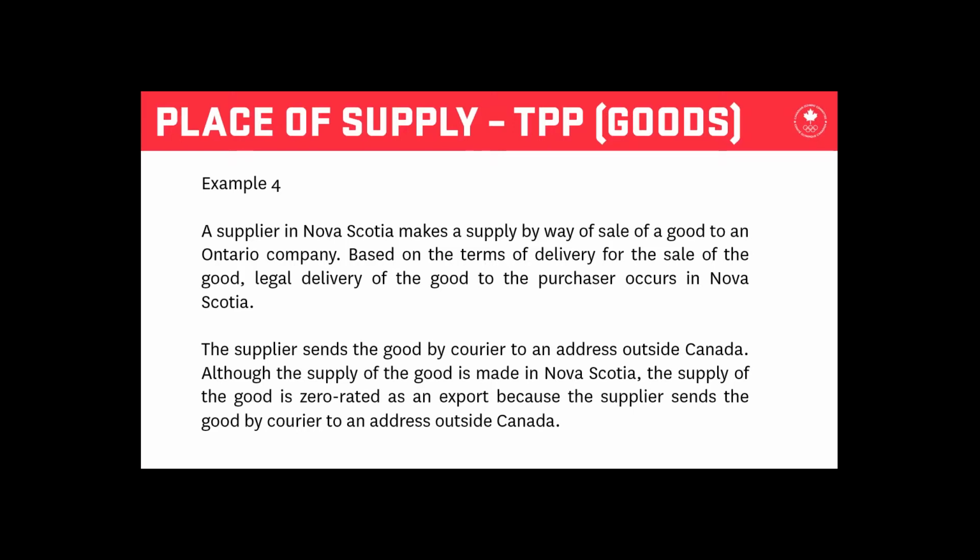So this is where a supplier in Nova Scotia makes a supply of goods to an Ontario company, but ships the goods out of the country by courier. And the courier part is really just a proof of delivery. It's not that it has to be couriered, just the fact that you have to have a proof of delivery where you're shipping something if you're going to claim back the GST and HST. In that case, no tax would apply because the goods were shipped outside of Ontario.